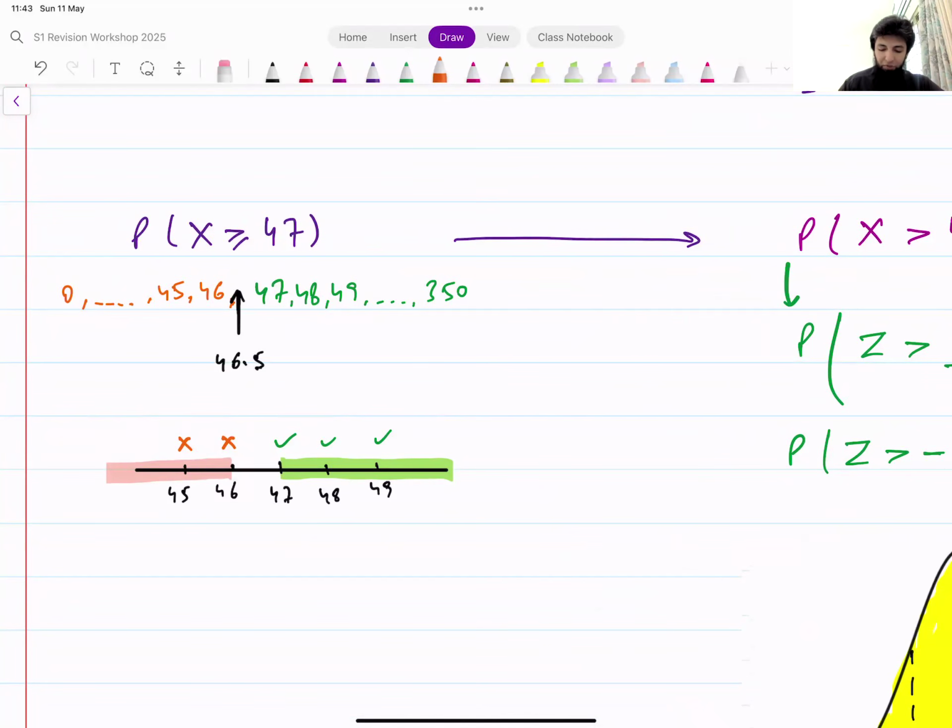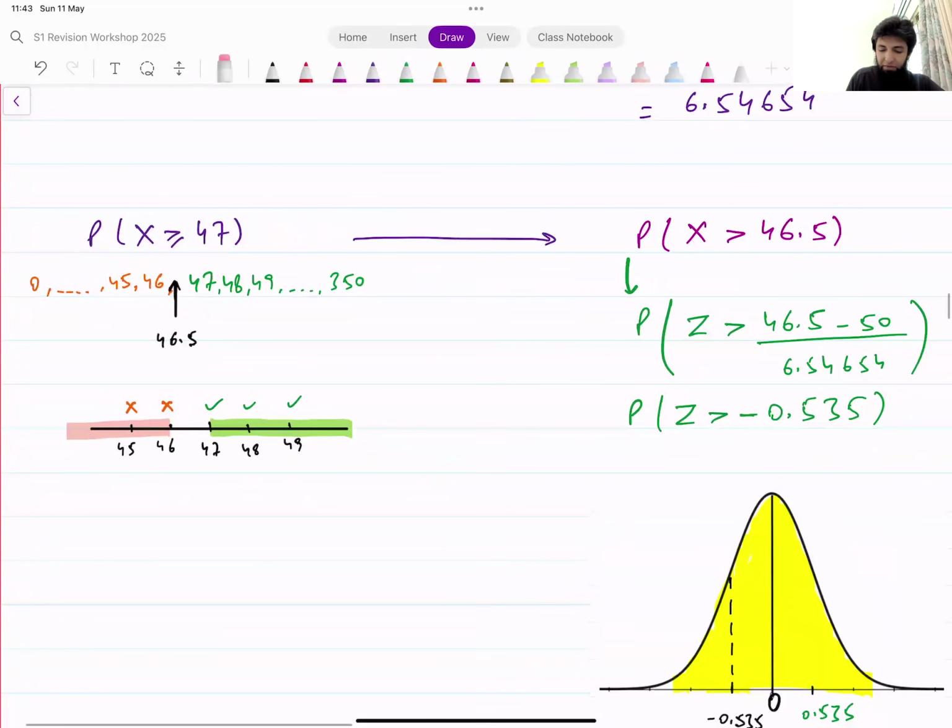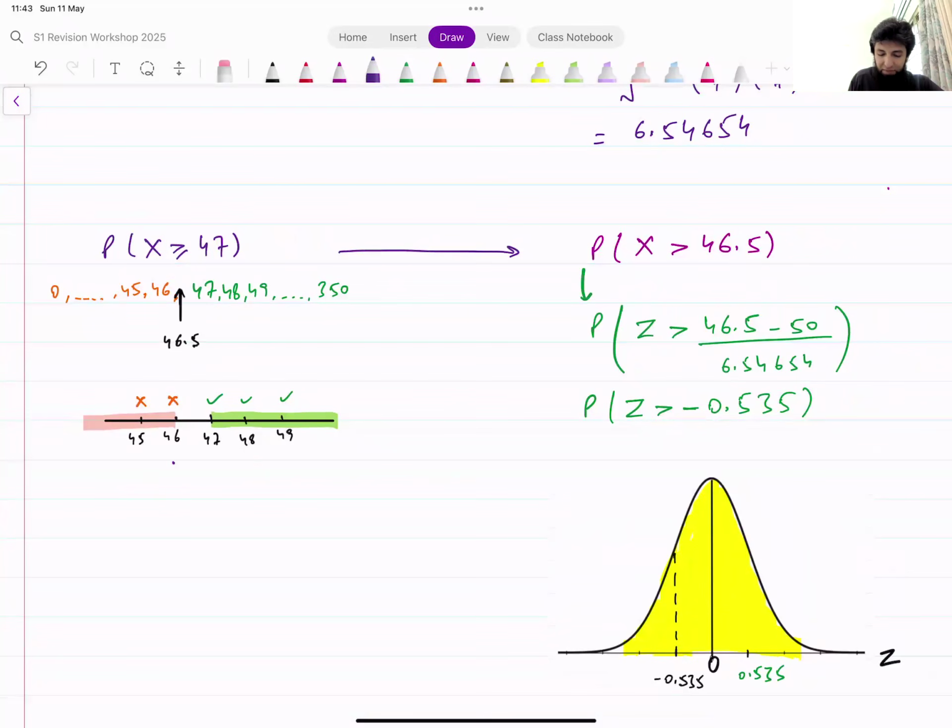Now, in normal distribution, what do we do with this region in the middle? What we do is we say, let's divide it into half. So the problem is, do we consider this region or do we not consider this region? On that normal distribution curve, the region between 46 and 47, will we count that in this probability or will we not count that?